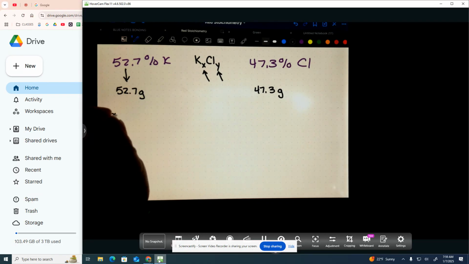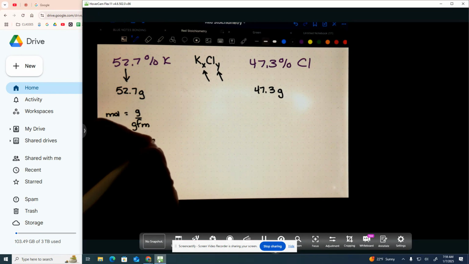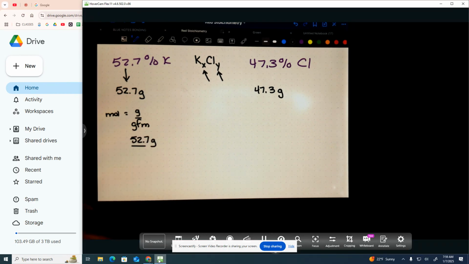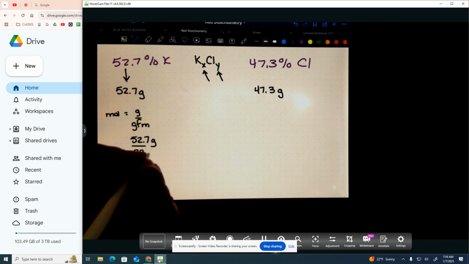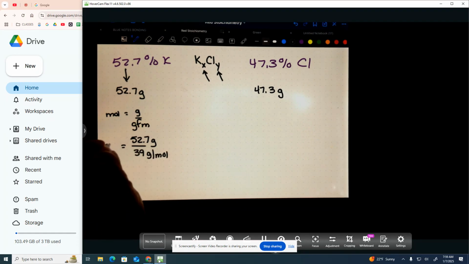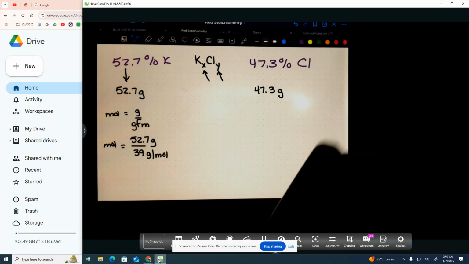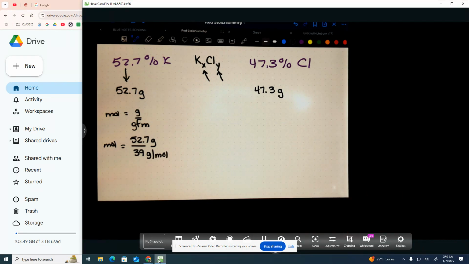So moles is going to equal grams over gram formula mass. We know we have 52.7 grams. And what's the gram formula mass of potassium? 39 grams per mole. So 52.7 divided by 39.